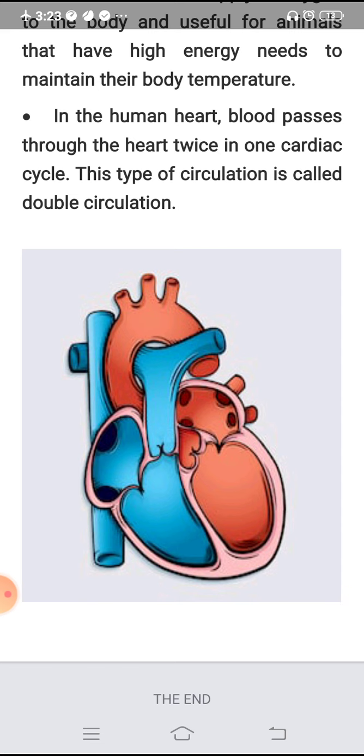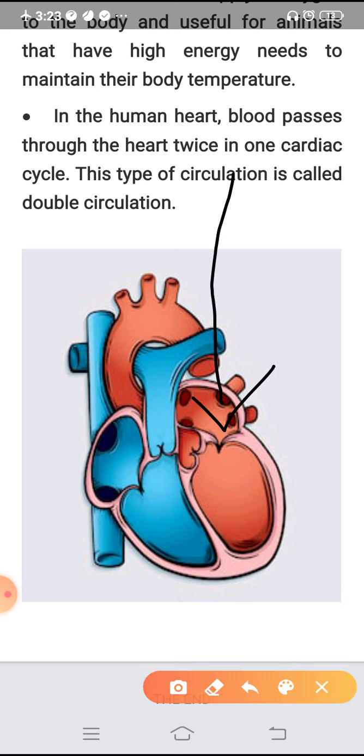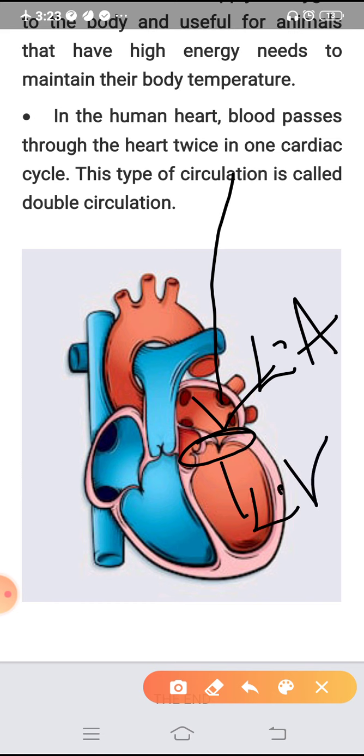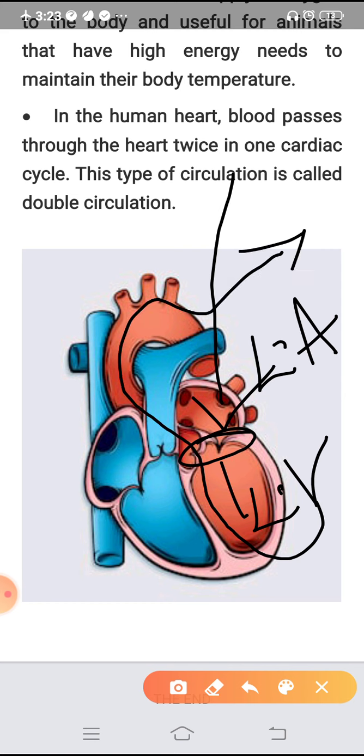Once again I'll tell you. The blood from the lungs enters the left atrium. From the left atrium, through the bicuspid valve, it enters the left ventricle. The oxygenated blood from the left ventricle goes to the aorta and passes to different parts of the body.